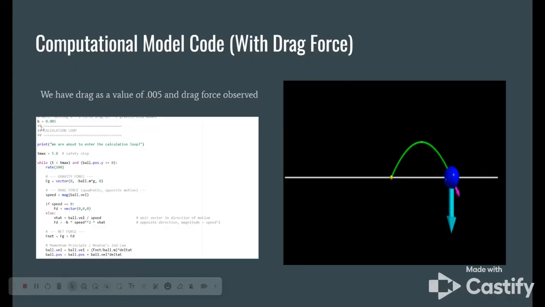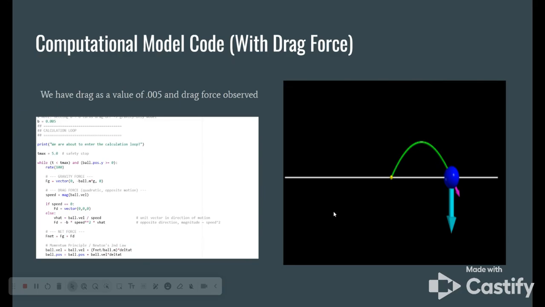And then with drag force, we had the B, which is 0.005. And then we added as well some factors, including drag. And then had F net be force of gravity plus force of drag. And then you could see it in this picture here.